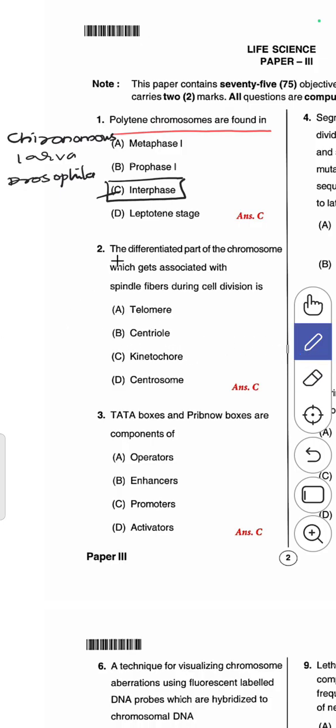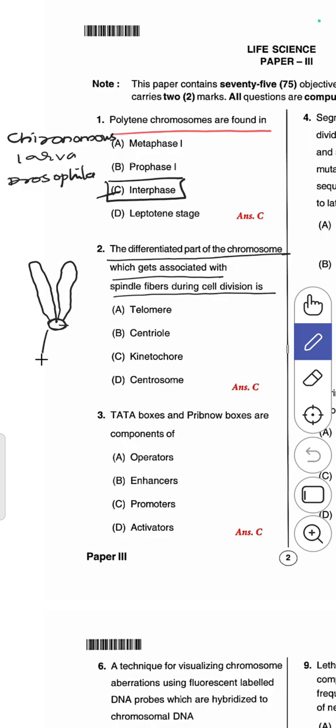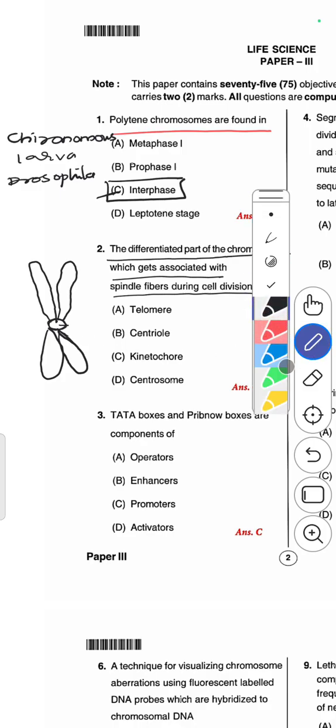Then read out the second question. The differentiated part of the chromosome which gets associated with spindle fibers during cell division is. So consider this as a chromosome and this is the centromere. To this centromere there is attachment of the chromatids. These are the chromatids. So this is a typical structure of a chromosome.